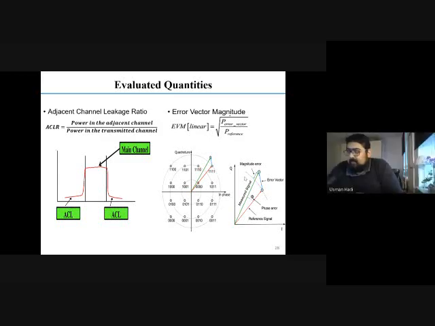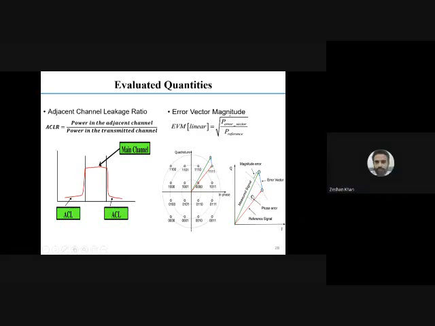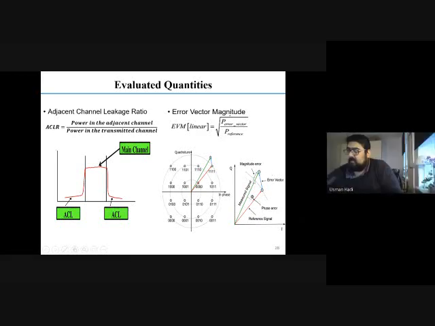Well, if you see the I and Q, the in-phase and quadrature, you have the magnitude and phase of the error as well. Here we have the phase error, the phi, then we have the measured signal, and then we take the magnitude of the error.